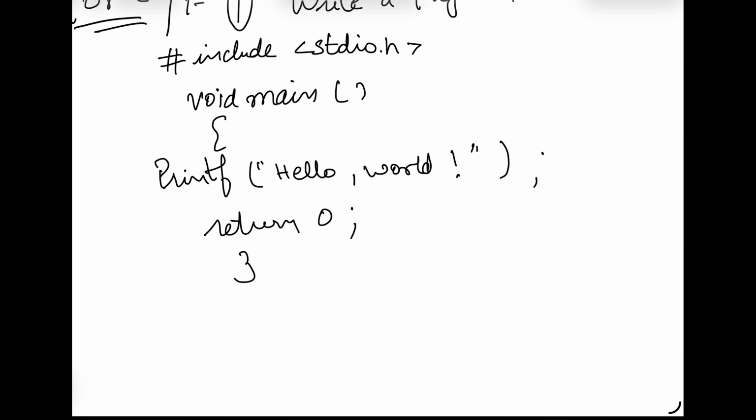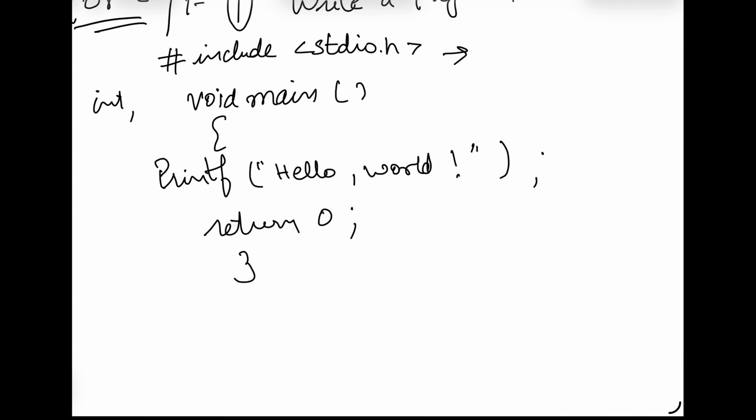Here, #include <stdio.h> tells the compiler to include the standard input output library, which contains the functions. You can write int main or void main.